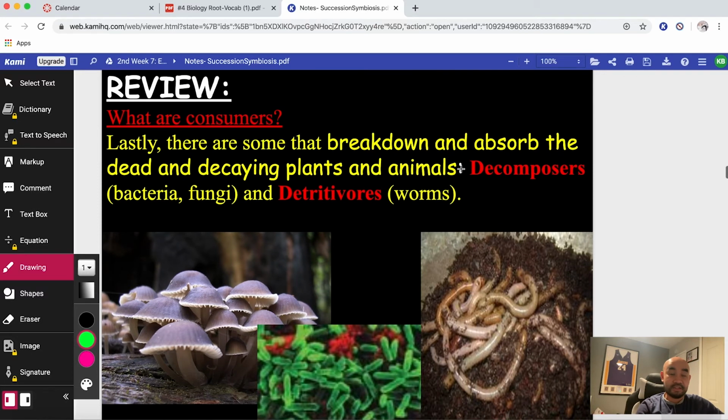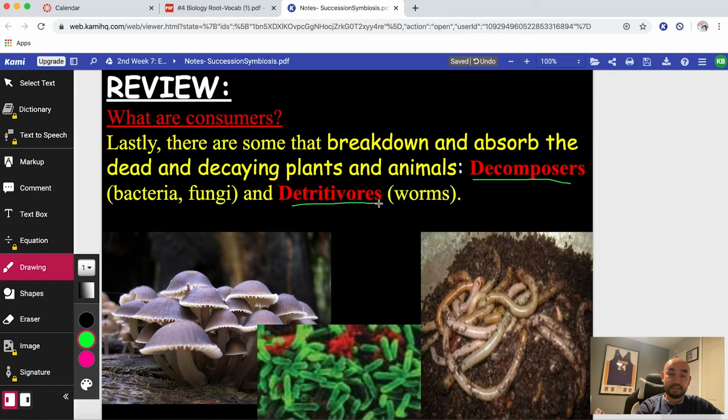We mentioned this before we left for our COVID-19 social distancing time, and they are decomposers and detritivores. The decomposers are bacteria and fungi, and detritivores are like worms. So what is the difference between them? Remember, this might be on the quiz.